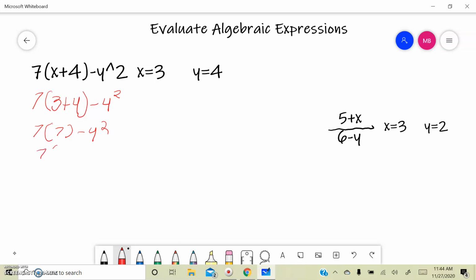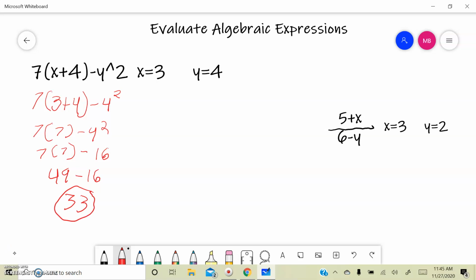So I'm going to do 7 times 7 minus 4 squared, which is 16. Then I'm going to do my multiplication where I get 49 minus 16. And last but not least, I do my subtraction and I get 33. And that's how I evaluate that expression.